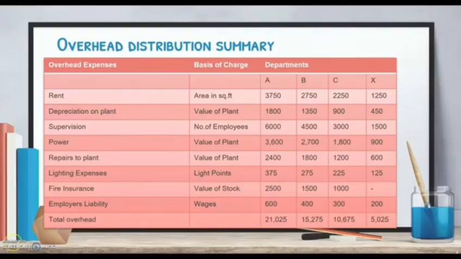Finally we get the total overhead for department A as 21,025, department B 15,275, department C 10,675, and department X 5,025. In this way, we can allocate the overhead expenses on the particular charges.